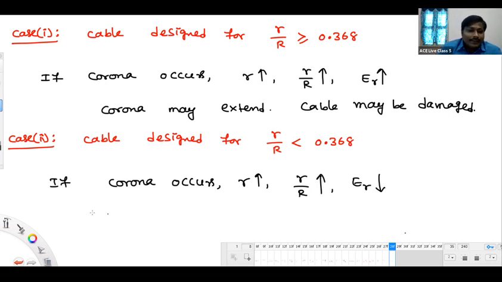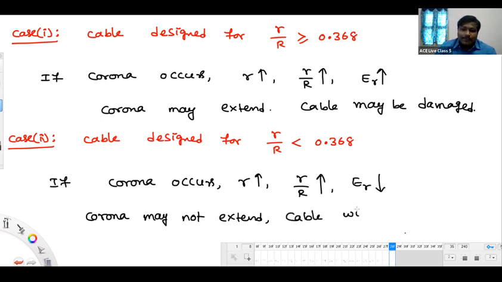Corona may not extend. The cable will be safe from damages. So with respect to this, please write. Please complete it.